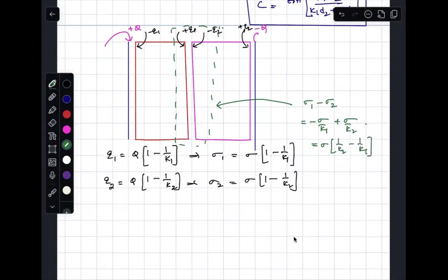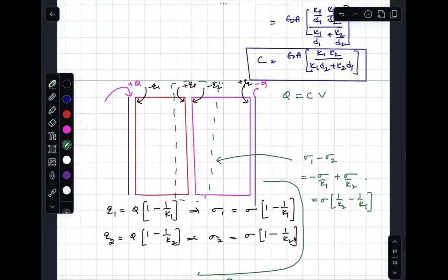You said the density is sigma dash, but sigma was not at all given. So whatever they are asking, sigma dash is sigma times 1 by K2 minus 1 by K1, which is not your answer. What is sigma? Q. Clearly, Q is equal to CV, where C means effective capacity.